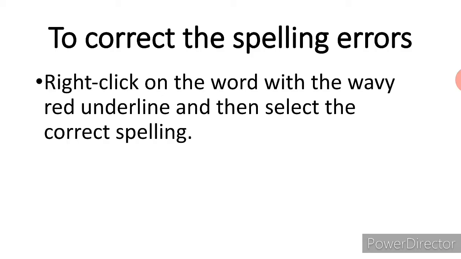To correct the spelling errors, right click on the word with the wavy red underline and then select the correct spelling. As you have seen, OpenOffice Writer underlined the wrong spellings with the red wavy line. How are you going to correct those wrong spellings?